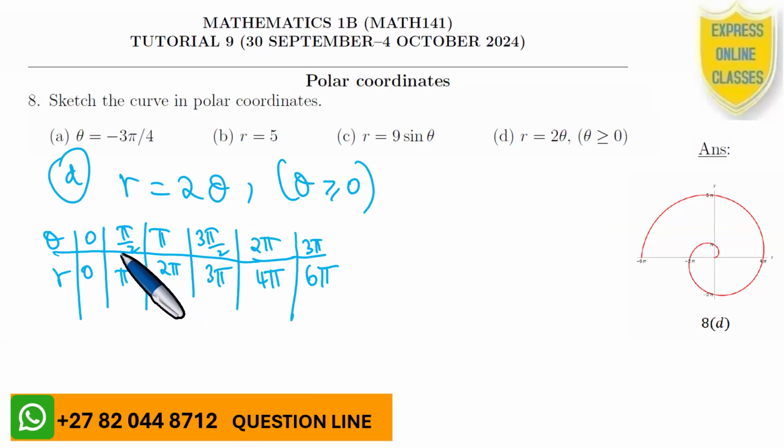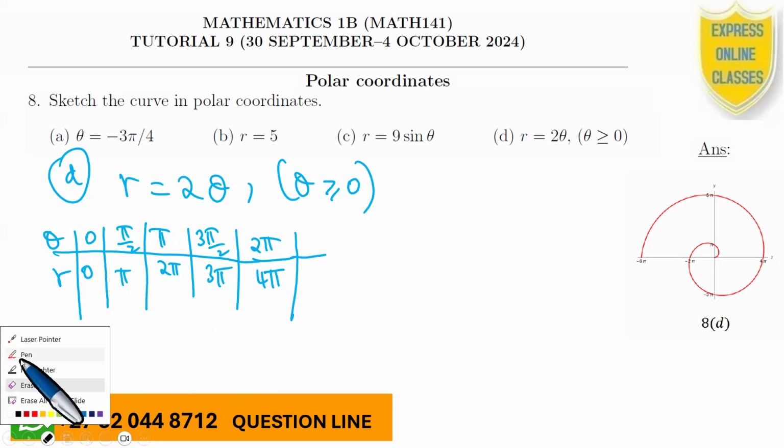But we can move in steps of pi over 2: pi over 2, then pi, then 3 pi over 2, then 2 pi, and then pi over 2 plus this. You can just put another angle here, moving in steps of pi over 2.